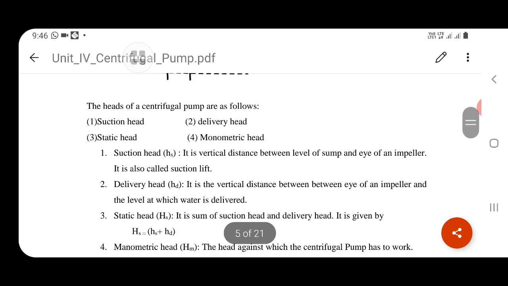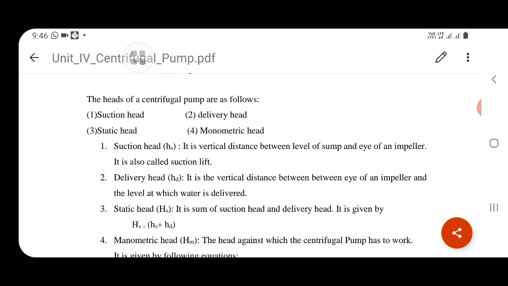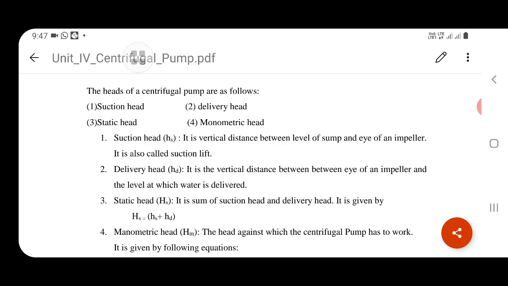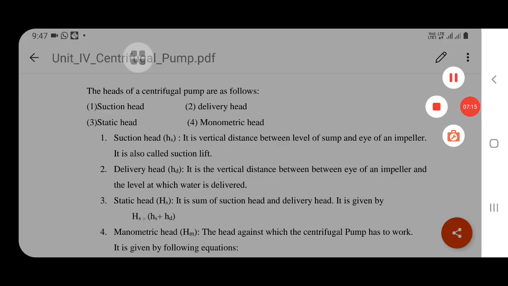It is the vertical distance between the eye of impeller and the level at which water is delivered. So write down delivery head.